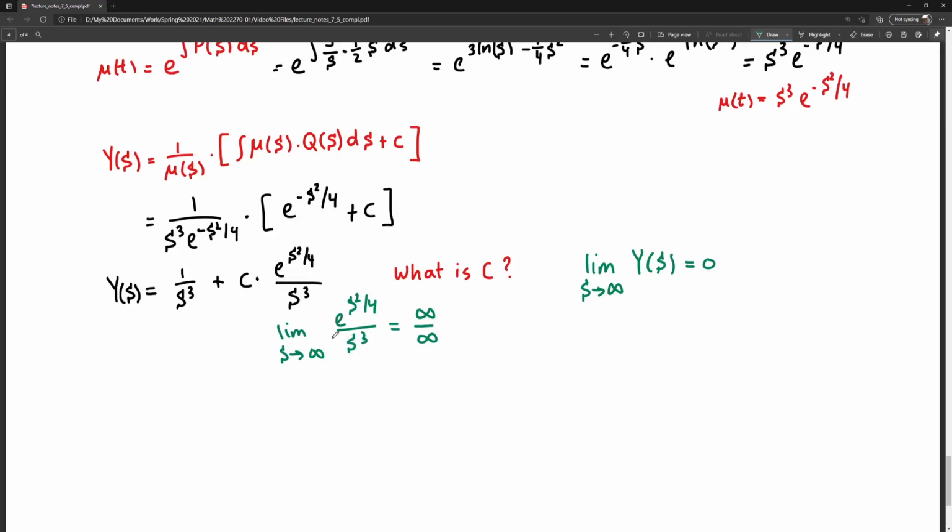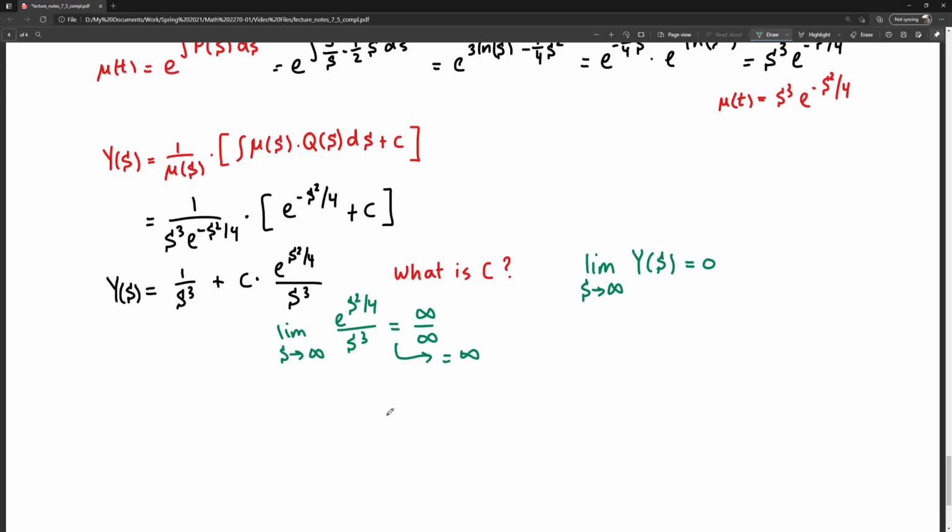You could repeatedly use L'Hopital's rule to figure out that limit, but we can also argue that e to the power s squared grows much, much faster than s cubed. So the top really is going to win, and we can bypass this and say it is infinity.